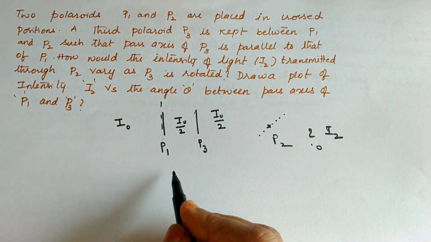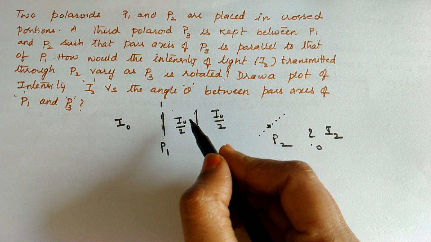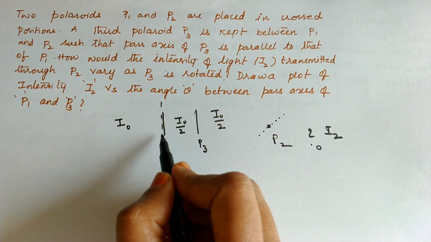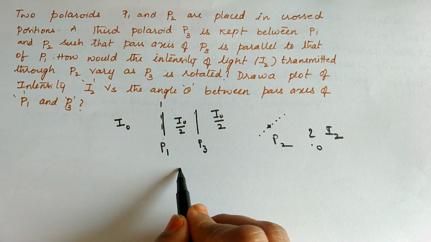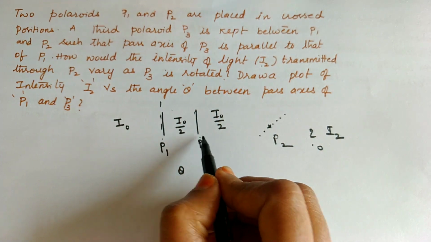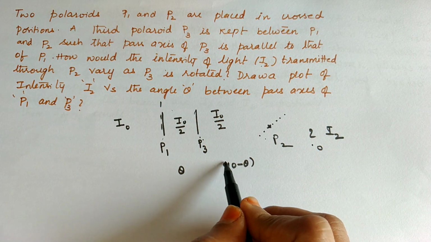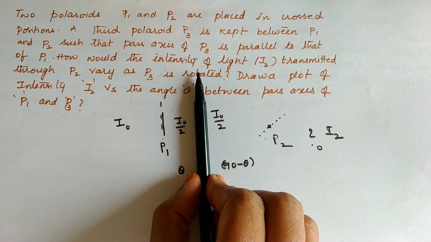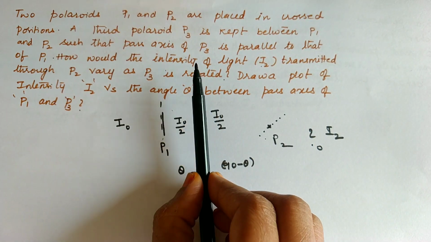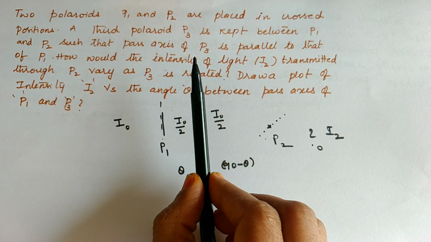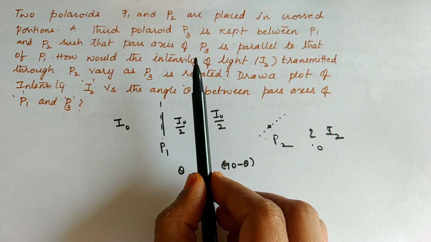How will this intensity change? If I rotate it with an angle theta, the angle between P1 and P3 is theta, and the angle between P3 and P2 will become 90 minus theta. Again I repeat, suppose I have rotated the third polaroid through an angle theta. It makes an angle theta with P1, 90 minus theta with P2.